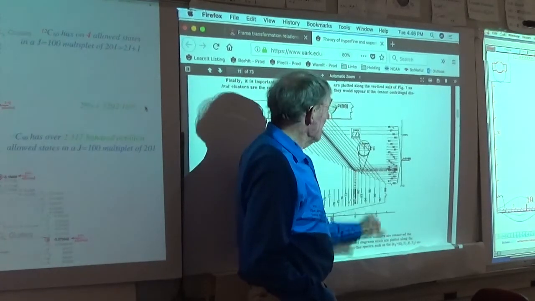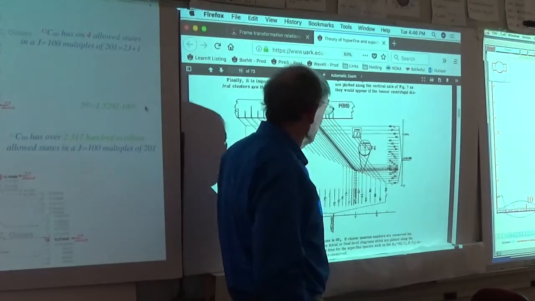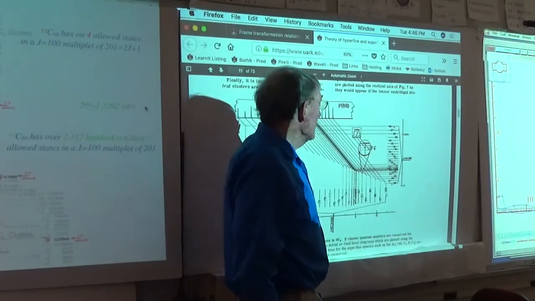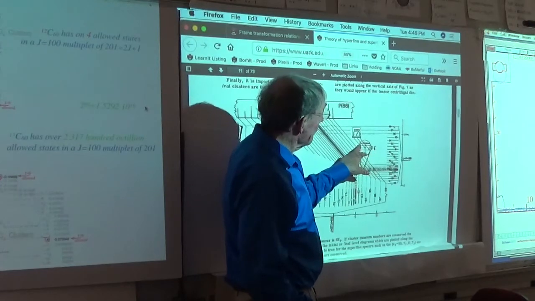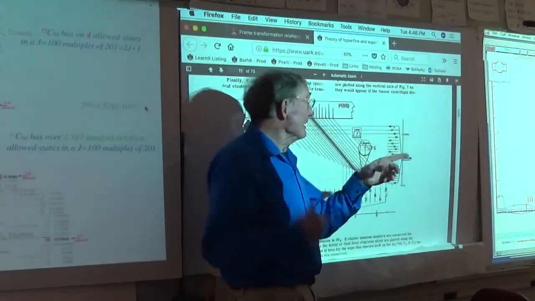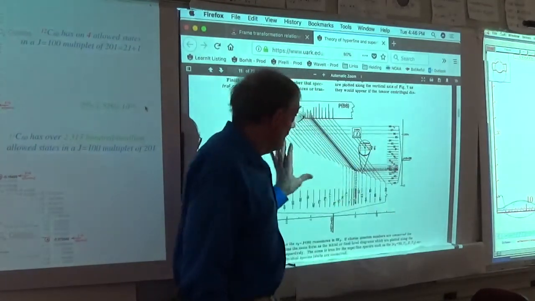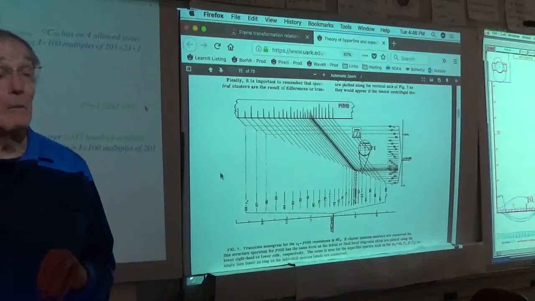Yes. And you get to see something also that's very interesting about this, which is not written here, but will be written when we go over this one later on. But that is that you actually see transitions now that are off the diagonal. And that's because 2 lasers were used to get this spectrum. So you really need to do a diagram like this to show people what happened during your experiment.